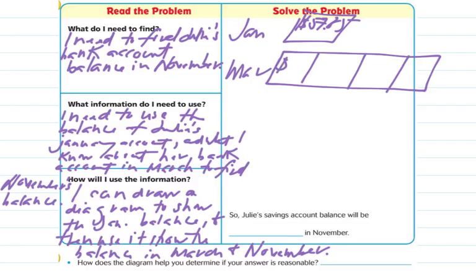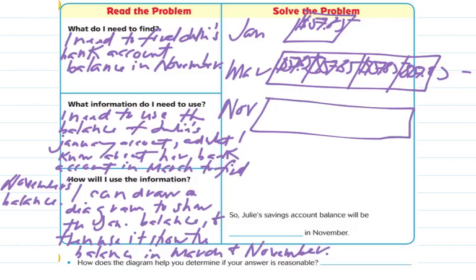And each box is going to say $57.85. And then in November, we know that we need to start off with 4 boxes, but we're going to add that additional amount, which is that $78.45. So in those 4 original boxes, we're going to write down the same amount, which is $57.85.